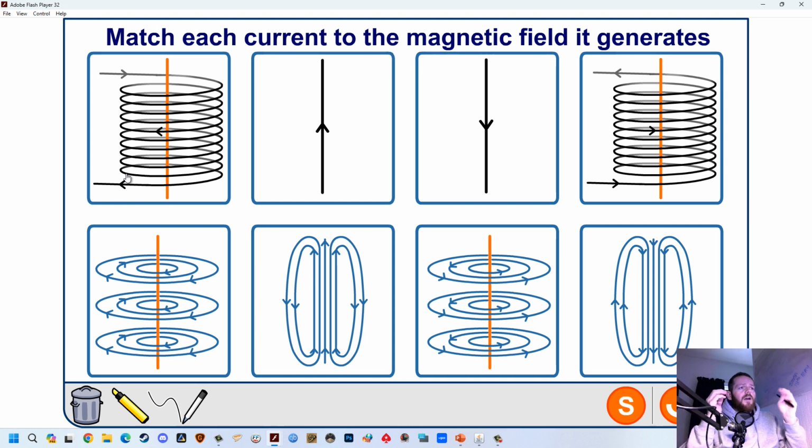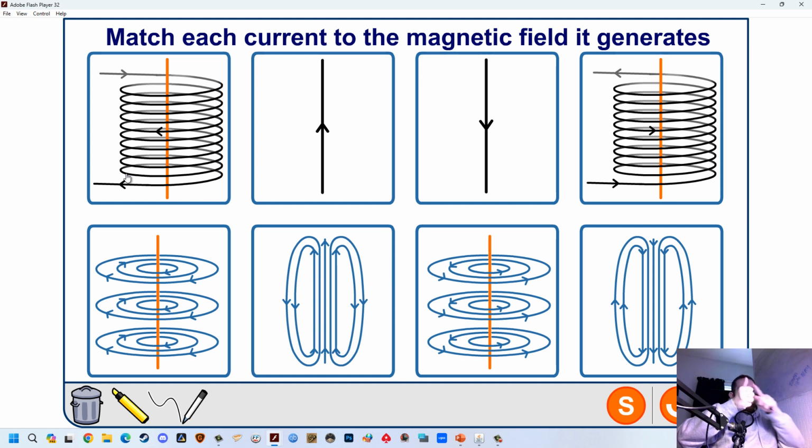So I need to think, I've been given the current in the solenoid, but I've not been given the direction of the magnetic field. So which way would the magnetic field be going? I know I'm going to be using the second right-hand grip rule, and I've been given the current, which means I need to line up my fingers with the current on that coil of wire. As I've currently got my hand like that, that's not going in the same direction as the current, so that one's not working.